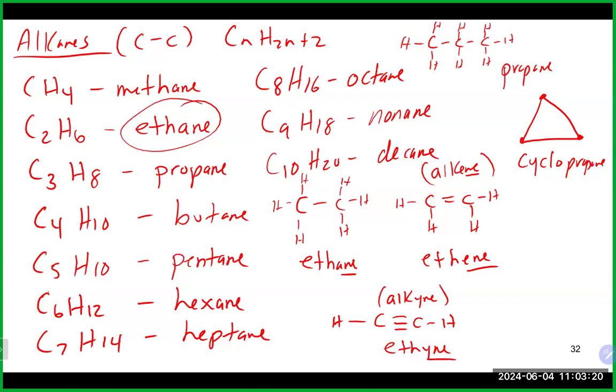Just like here, this would be 4 carbons. 4 carbons is based off of butane, and it's a ring structure, so this would be cyclobutane. So a lot of things come back to these alkanes in terms of how things are named, and also groups that are attached in terms of how they are named as well.